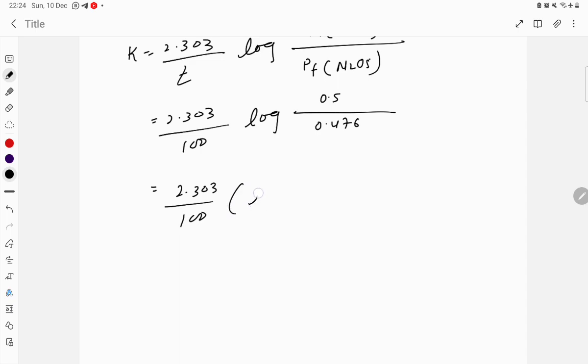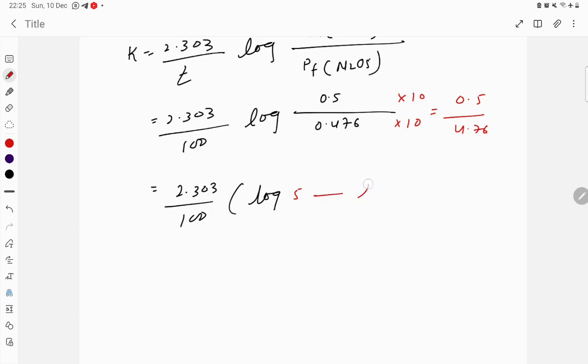Log a minus log b. So log 0.5, right, student, minus. If you think it can be easy, you can multiply by 10 and multiply by 10. So it can come 0.5 upon 0.476 becomes 5 upon 4.76. It gives a more accurate value.